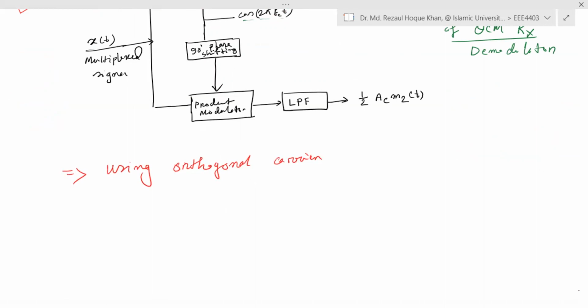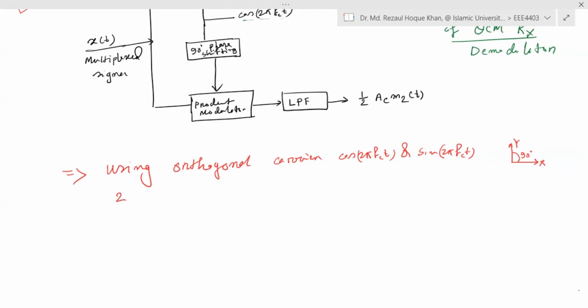If one signal is X and another is Y and their phase difference is 90 degrees, then they are called orthogonal. The same thing happens with our carriers: cos 2 pi fct and sine 2 pi fct are 90 degrees to each other.